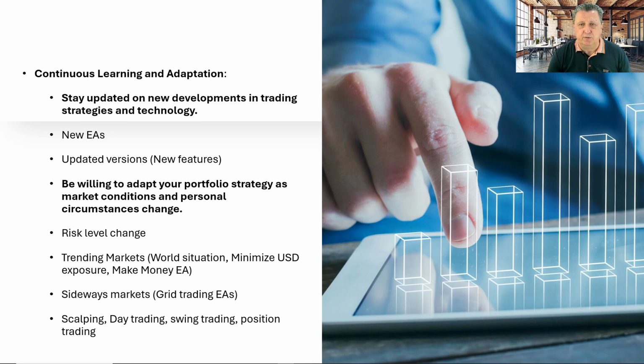Then we have, most of what we do, the swing trading. So this is normally something that goes on for at least some hours, but most probably it is more a couple of days at a time. And sometimes with the grid EA, it could actually be weeks where you have some open positions when you have a trending currency before it actually returns to where you can get out of the trade again.